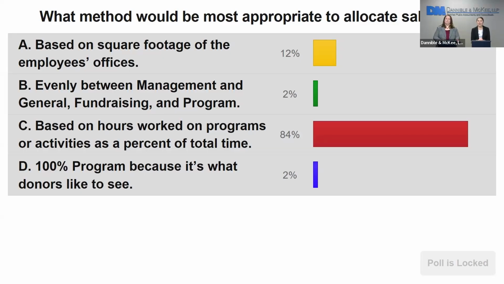Well, it is true that the donors out there like to see program. We want to make sure that management is making the decision to actually spend the time on the programs. Just don't say we are, make it a reality.